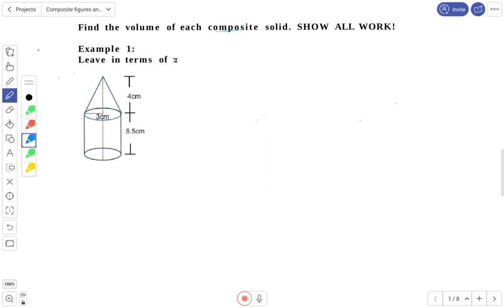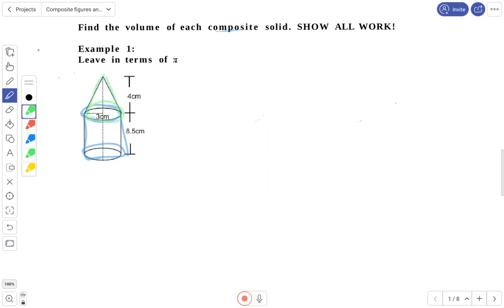So if we look at our first shape here, this is called a composite shape. When I look at this, I see two shapes that I do know how to find the volume of. One shape is a cylinder, and the other shape is a cone.